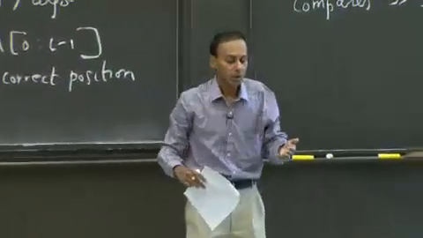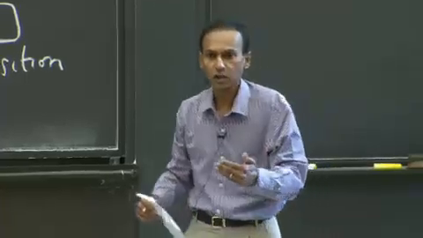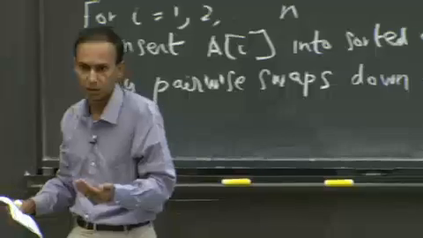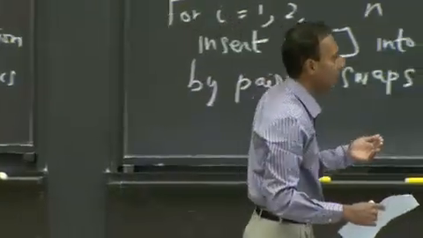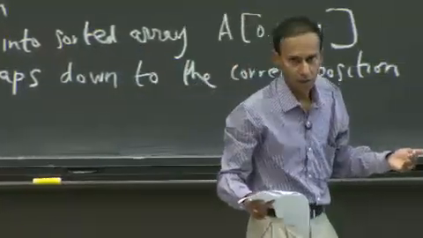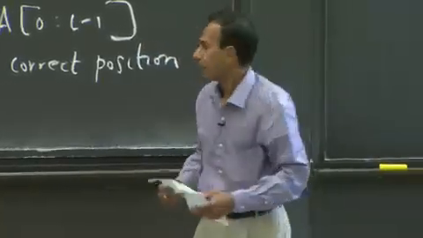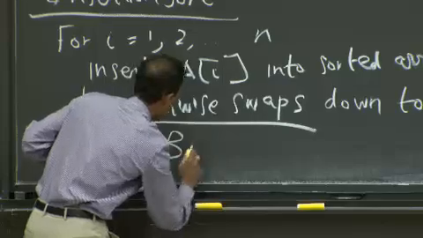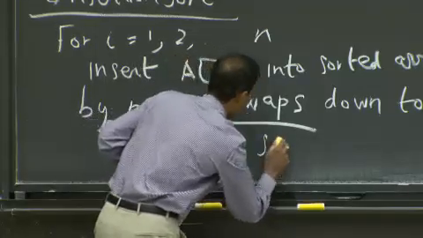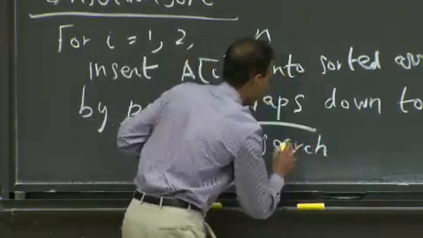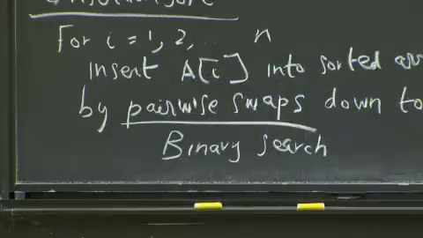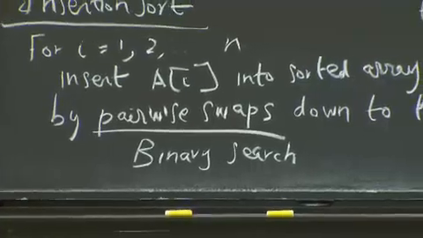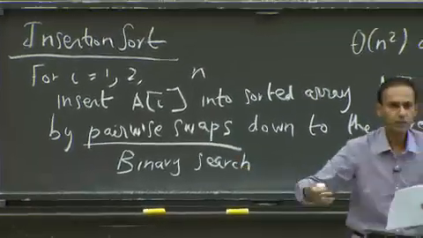Okay, and so you can take insertion sort and trivially turn it into a theta n log n algorithm if you're talking about n being the number of compares. All you have to do is say, you know what, I'm going to replace this with binary search. And you can do that, and that was the key observation, because A of 0 through I minus 1 is already sorted, right?